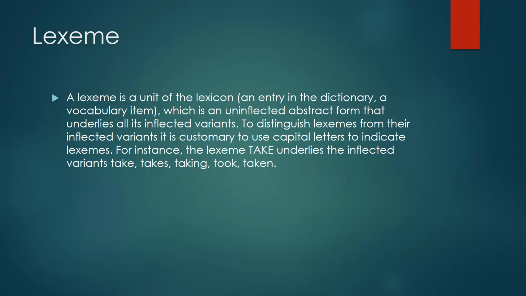To distinguish a lexeme from the inflected variants, it is customary to use capital letters to indicate lexemes. For instance, the lexeme TAKE underlies the inflection variants like take, takes, taking, took, and taken. So that is the lexeme, the unit of a lexicon, an entry in the dictionary.